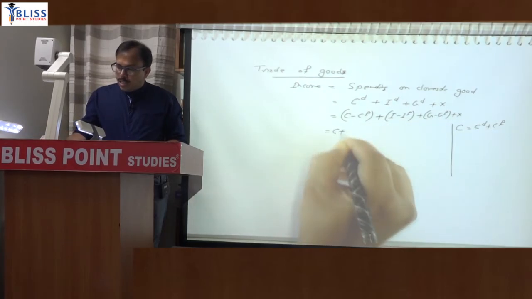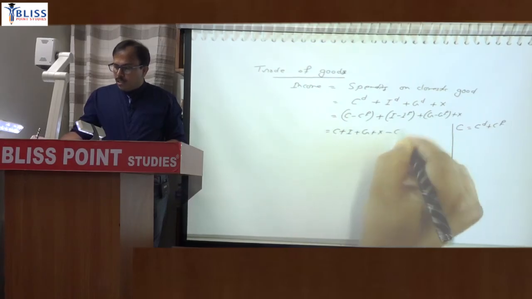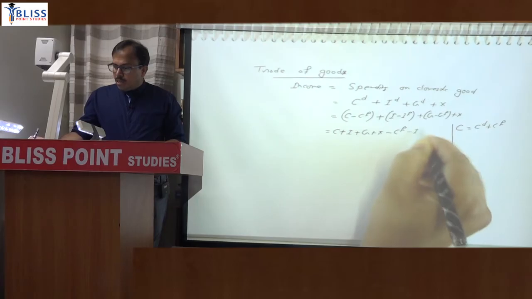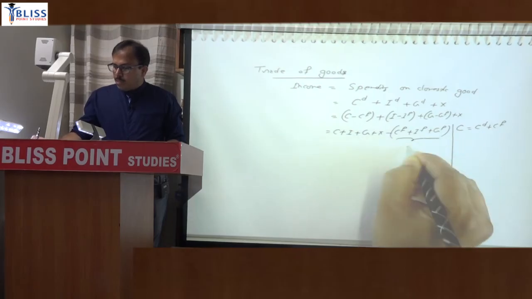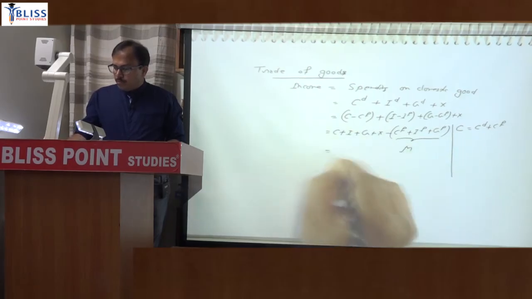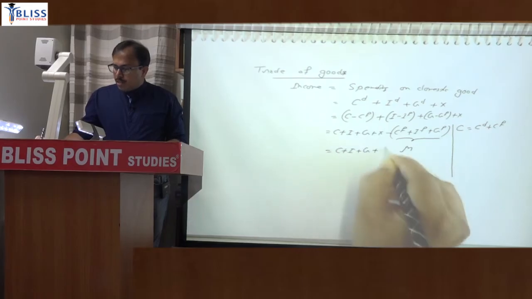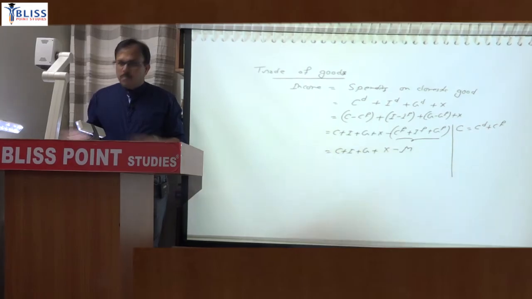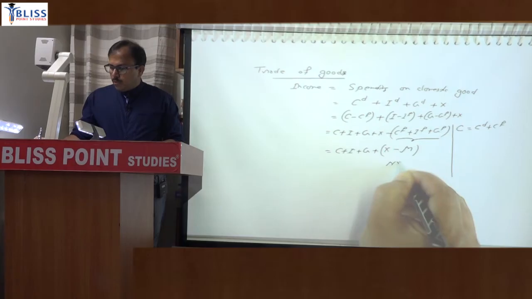So now you write C plus I plus G plus X minus CF minus IF minus GF, and when you club all, this component becomes import. So it is C plus I plus G plus X minus M. Clear? This X minus M is a net export.